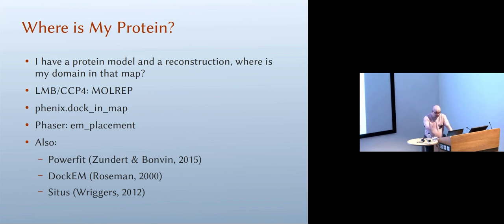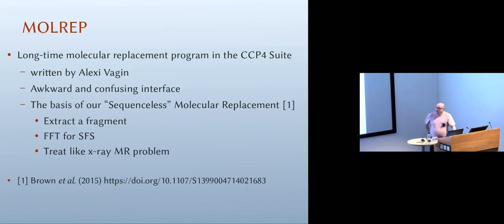There are also some other tools, as Ron mentioned the other day, Situs in particular by Willy Wriggers, and that's had an update since 1999, but it's a long-term player in the field. Okay, so for MolRep then, written by Alexei Vagin, it is written in Fortran in an old style, has an awkward and confusing interface.